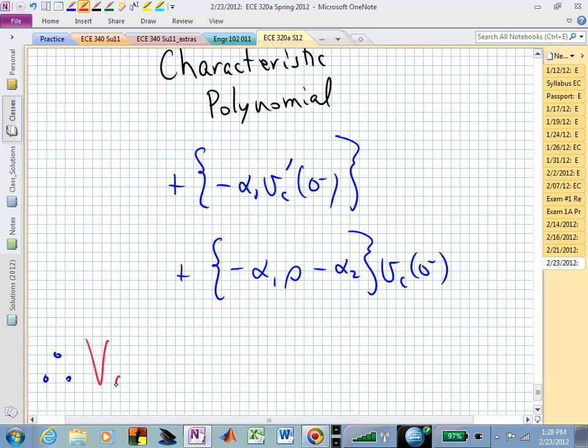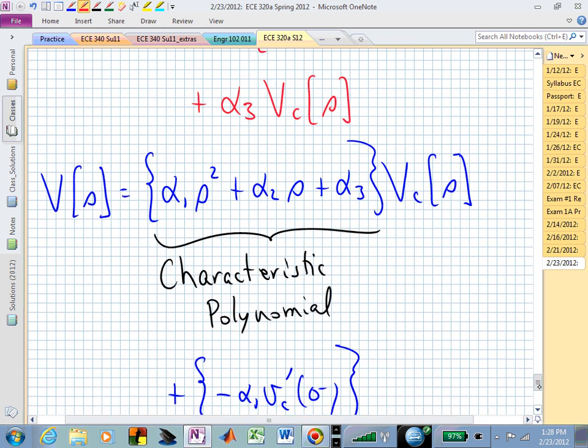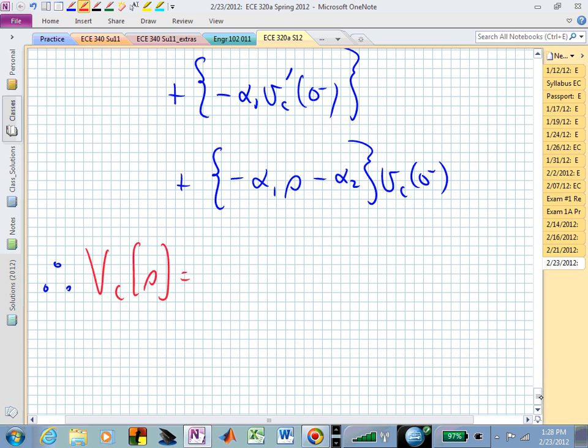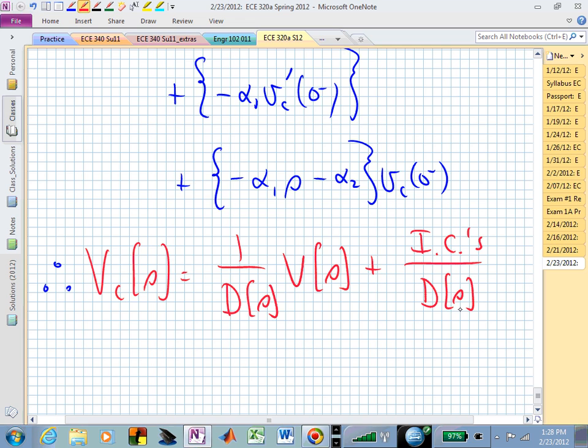So I now have v sub c of s is equal to, let me clean this up. I'm going to just call this, I don't remember now what the textbook calls it, characteristic polynomial. Let me call it d of s. So that I now have 1 over d of s, v of s, plus all of these other things, which are actually the initial conditions, divided by d of s.